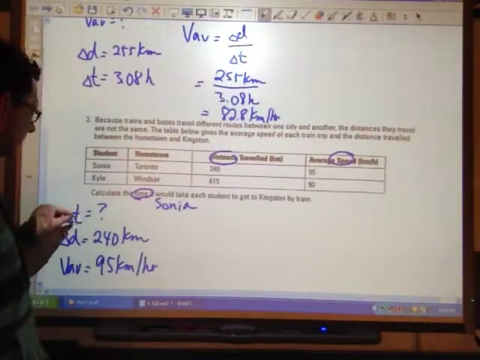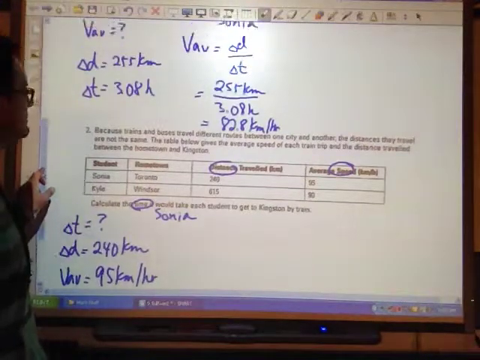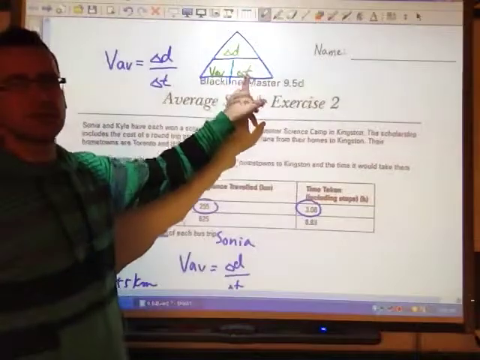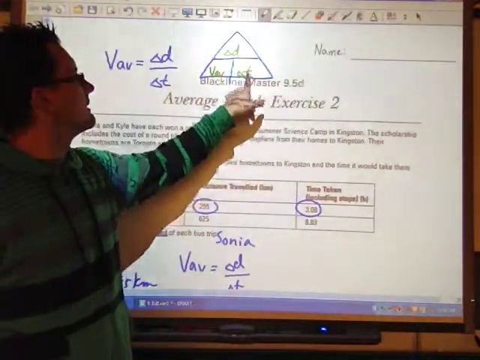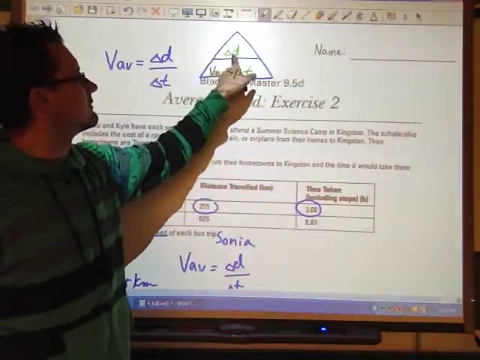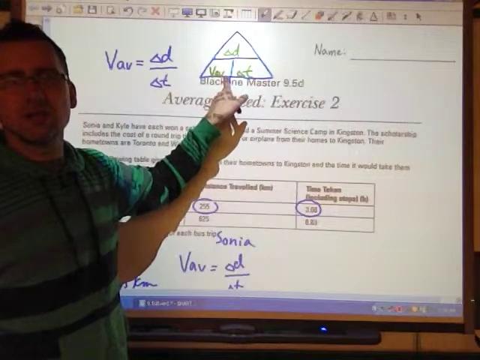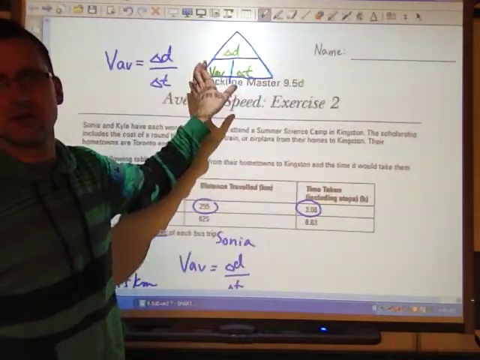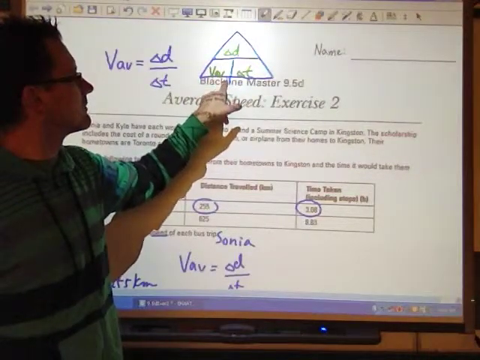Now, if we're looking for T here, going back up to our little rearrangement, if we're looking for T, it is D divided by V. So this triangle, or pyramid of power, helps you figure out the unknown.